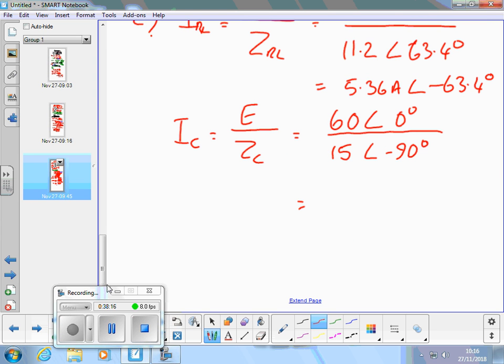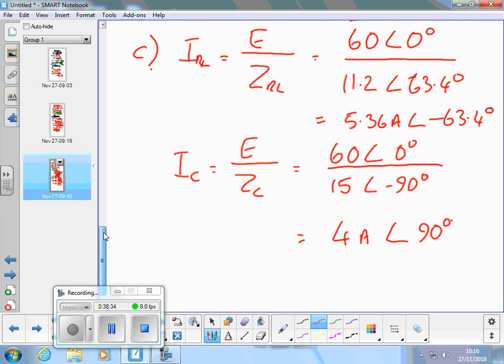So we got 4 amps angle plus 90 degrees. So we're looking for IL and IC.